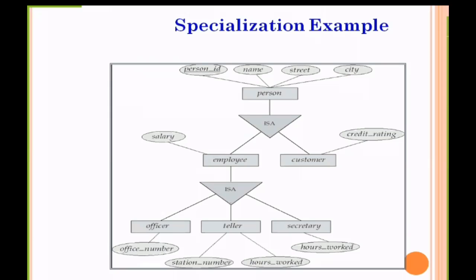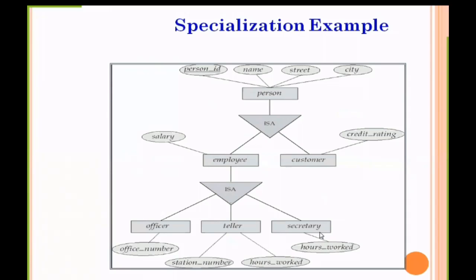Salary is not a property of the person class. Salary is a property of the employee class, which is added additionally, apart from the properties of the person class. So the employee class will have all the properties of the person class, but additionally it has the salary property.